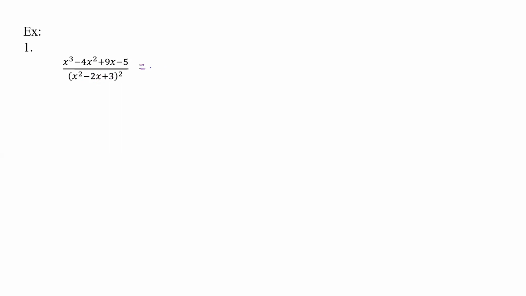So we're going to have Ax plus B over x squared minus 2x plus 3, plus Cx plus D over x squared minus 2x plus 3, the quantity squared. First term we have 1, second term we have 2, and that's all we have, so we stop.